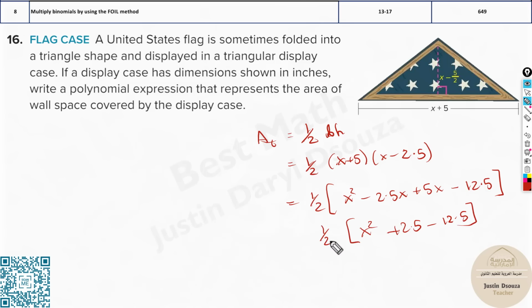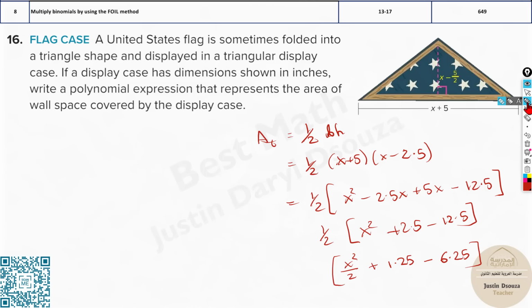Now we have to multiply this half inside, so it will be half x squared plus 2.5 divided by 2 is 1.25, or you can write it as fraction 5 by 4, minus 12.5 by 2 will be 6.25, or you can write in fraction. So this is the answer.